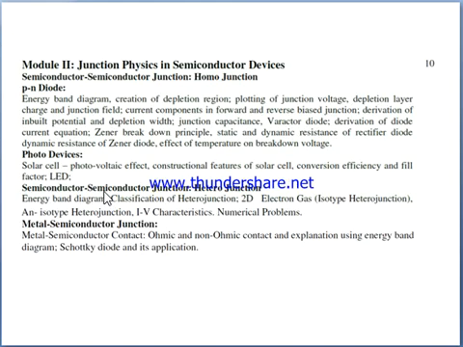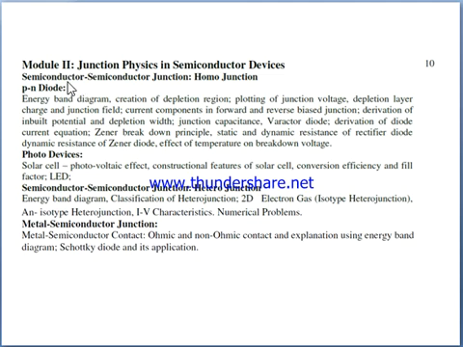Now, here we will discuss the topic under module 2. Today's topic is under module 2, which is junction physics in semiconductor devices, and under this module there are different topics.